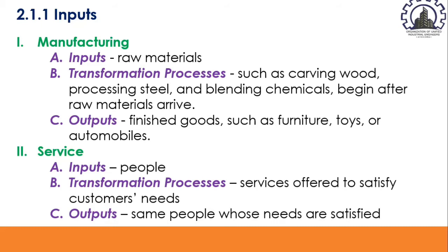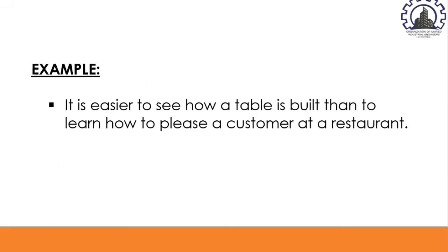Now, in order for us to better understand this, let me give you an example. It is easier to see how a table is built than to learn how to please a customer at a restaurant. In this example, we can tell that measuring outputs of manufacturing sectors is often easier than measuring outputs of a service sector, right? A finished good needs to meet particular product specifications and can be measured consistently.